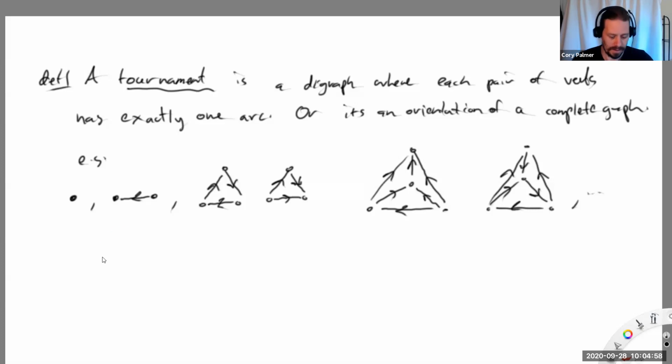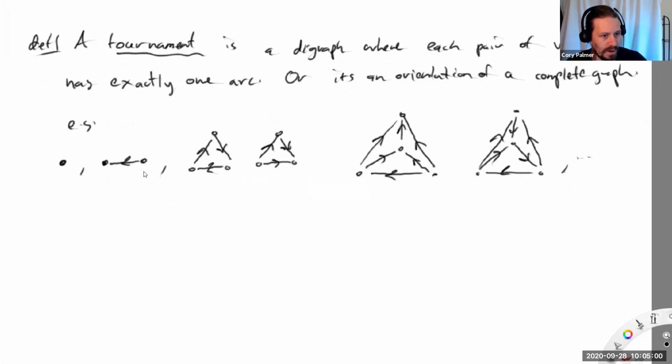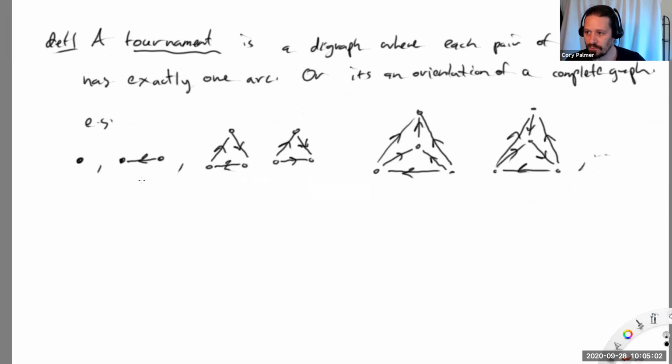And we're interested in finding certain objects in these tournaments. The first one will be what's called the Hamiltonian path, which usually we talk about in general graphs, and we will later on in the class, but we can talk about it now here. Remember, a path in a directed graph is directed, it has a direction.